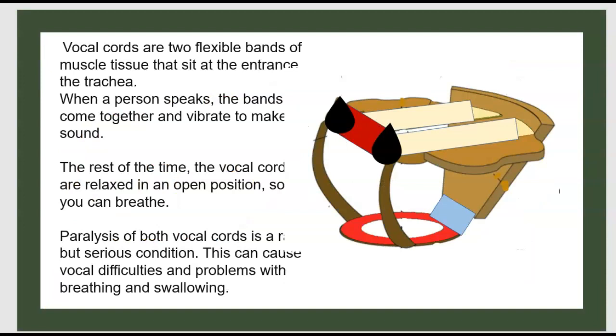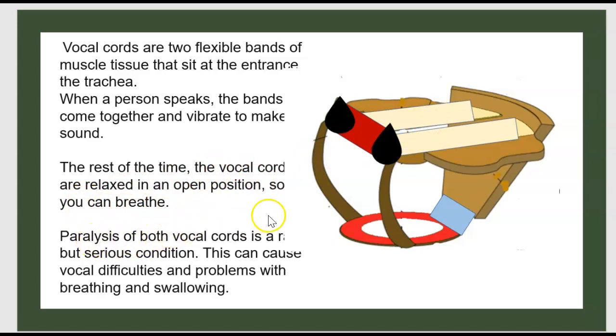Vocal cords are two flexible bands of muscle tissue that sit at the entrance of the trachea. When a person speaks, the bands come together and vibrate to make sound. The rest of the time, the vocal cords are relaxed in an open position so you can breathe.